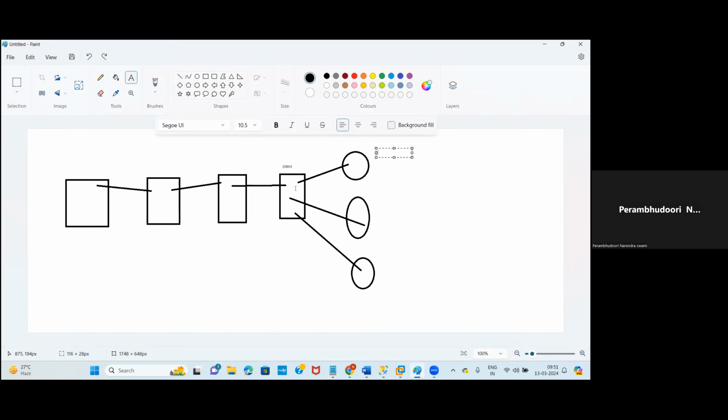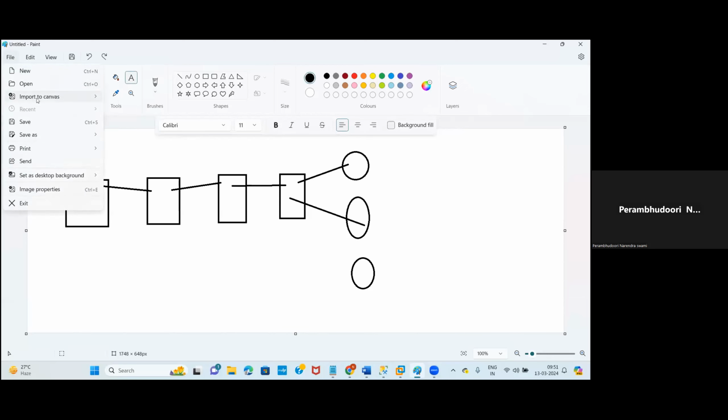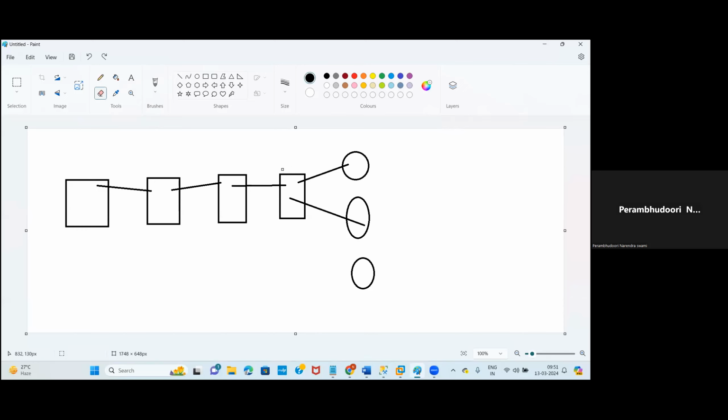So the first thing is we load the data from the staging area into the data marts. Then after that, we combine this data from the data marts.